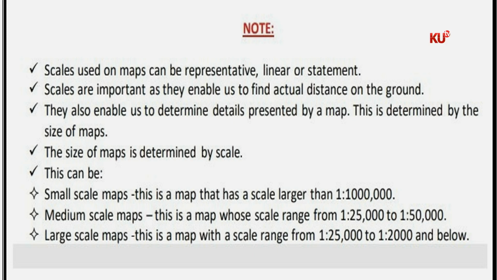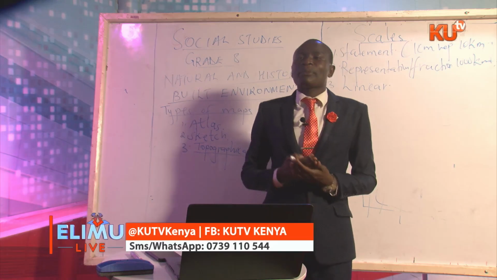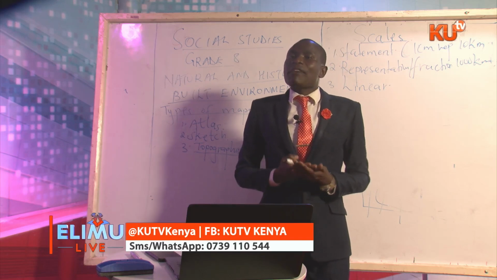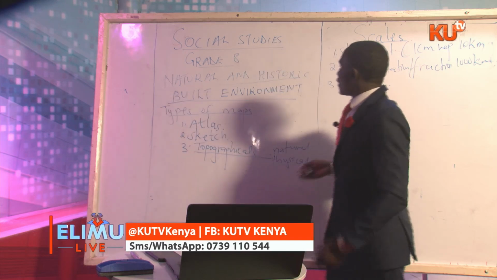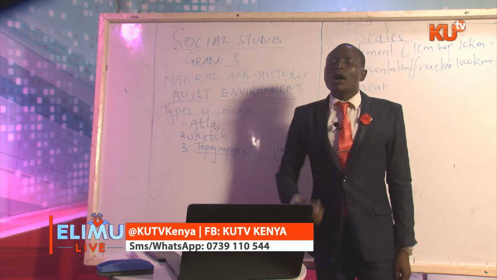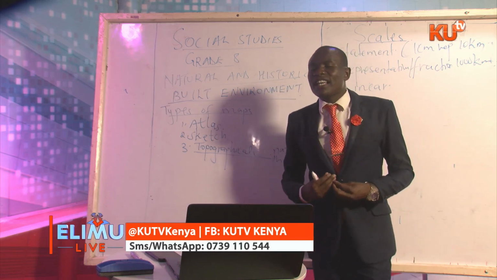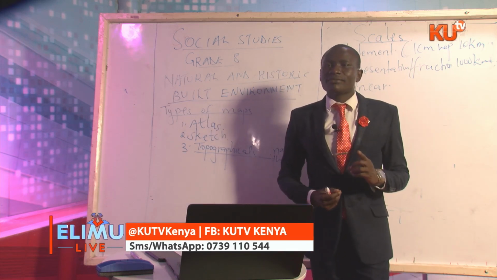Now, after we have understood these features on a map, how do we represent them on a map? After we have seen these physical features on the key, these symbols, how are they represented on the key?